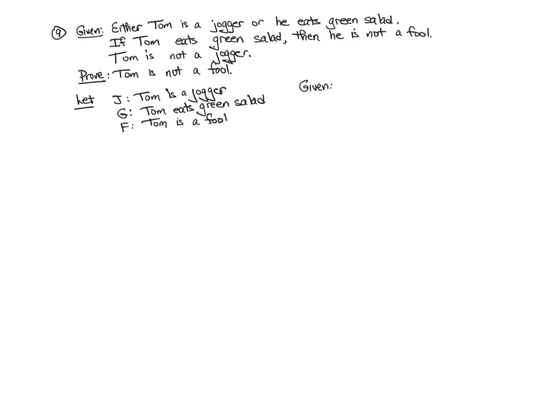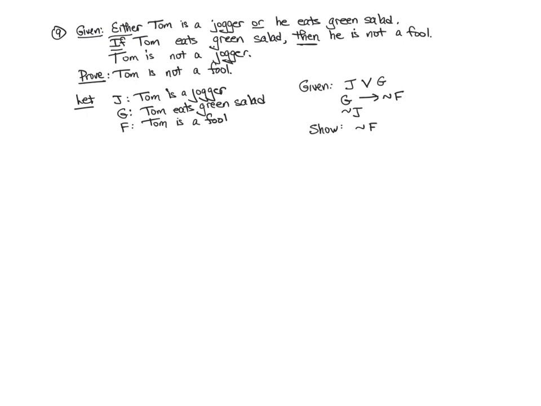Either Tom is a jogger or he eats green salad, it's a disjunction, J or G. If Tom eats green salad, then he is not a fool. That's a conditional, so G then not F. And we know that Tom is not a jogger, not J. And here we want to prove not F, that Tom is not a fool.